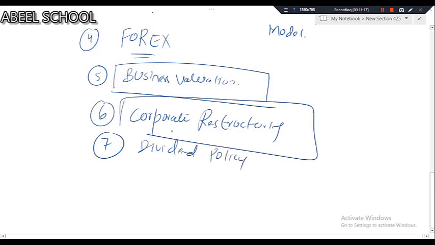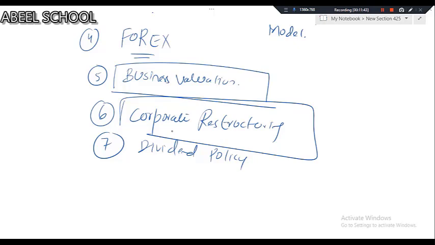When we talk about corporate restructuring, to be very honest, when your business is in a little bit of hot water, then we talk about corporate restructuring. Because when everything is fine, then obviously there's no need to go for restructuring. So normally we go for corporate restructuring when the business is in a little bit of hot water.